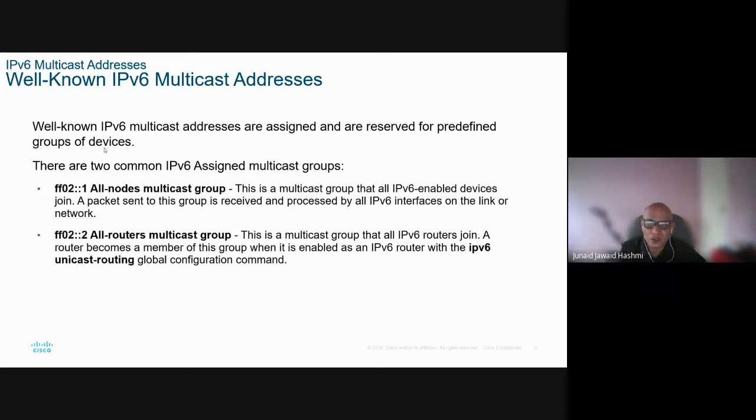There are two common multicast groups. FF02::1 enables all IP version 6 devices to join. Then you have FF02::2, which is the all-routers multicast group. This is for routers to join the group.